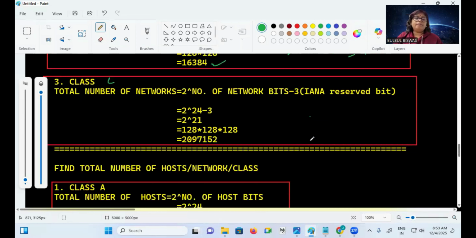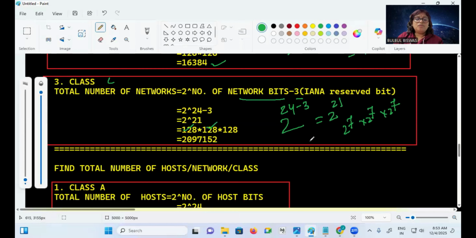Now come to class C. The total number of networks is the same: 2 to the power of the number of network bits, minus 3, because in class C IANA has reserved 3 bits. So in class C, the network bit is 24. So 24 minus 3 is equal to 2 to the power 21, meaning 2 to the power 7 into 2 to the power 7 into 2 to the power 7, meaning 128, 128, 128. So this many networks are available in class C. Is it clear, everyone?